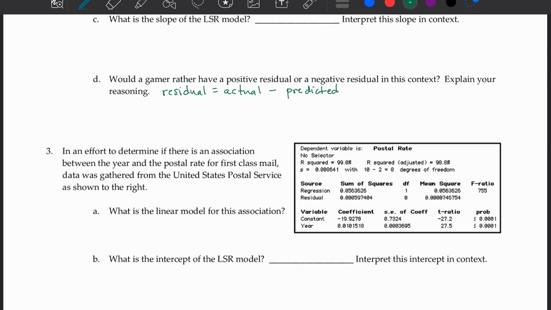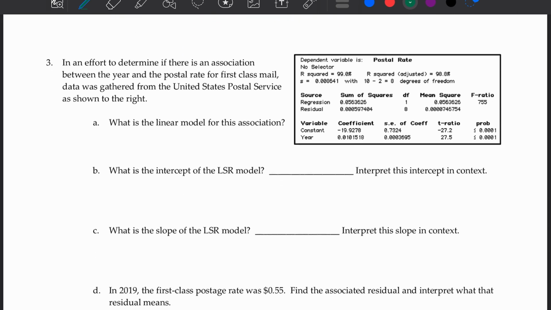In this case, our Y values are high scores. So any residual we calculate would be the gamer's actual high score subtracted by what the model predicts for that. So this one's asking, do you think a gamer would prefer to have a positive residual or a negative residual, and why does that make sense? Be sure to use that definition.